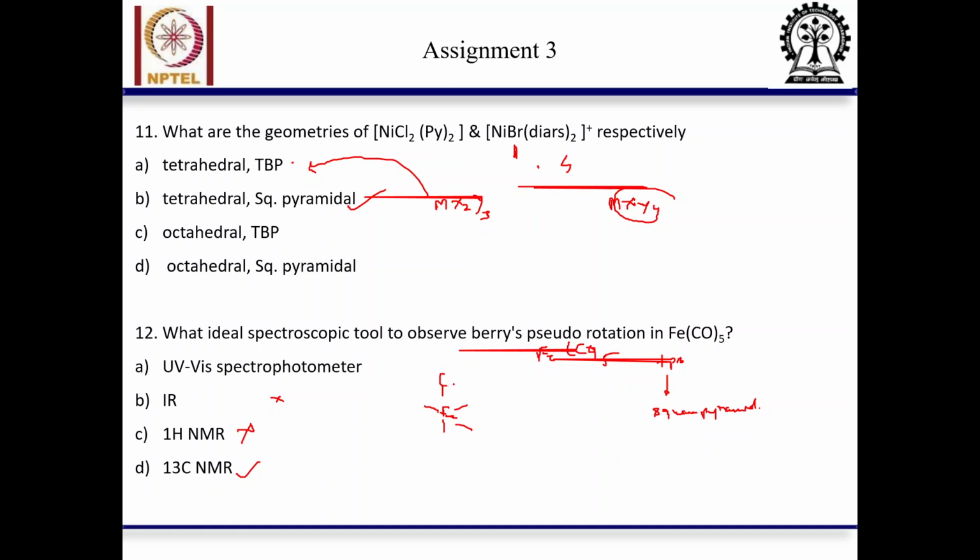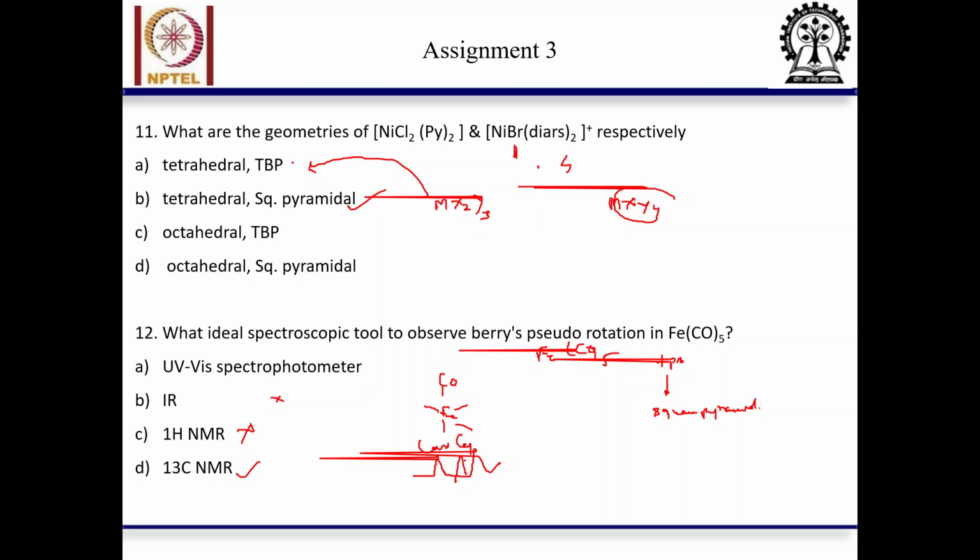So one will be the axial CO. So once you do the 13C NMR, you will have two signals, and this will be the C axial and this will be C equatorial. So through this you can find out whether your Fe(CO)5 is in the TBP form or in the square pyramidal form.